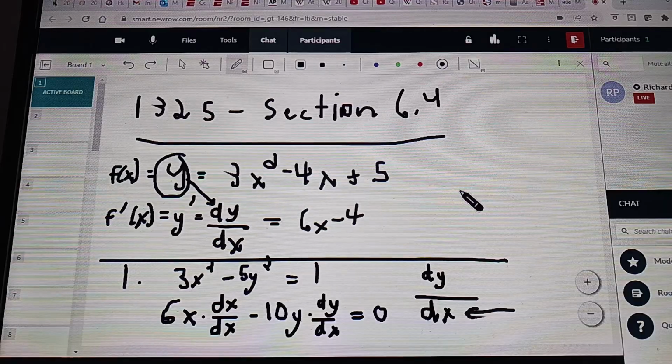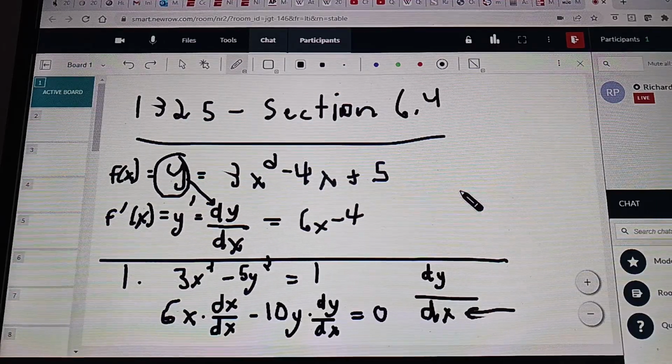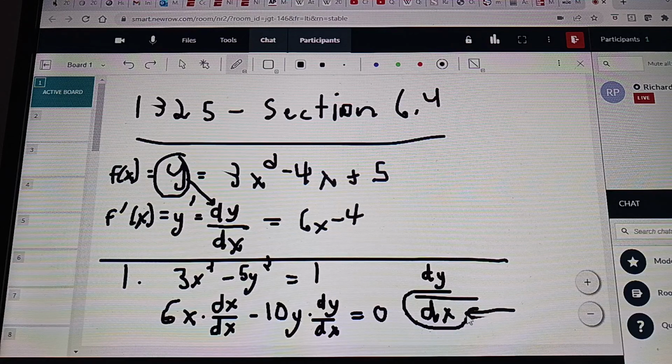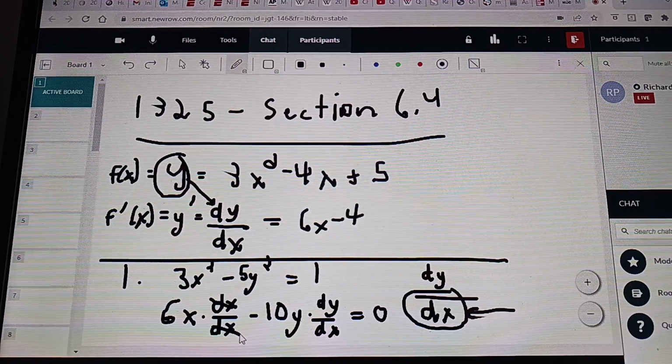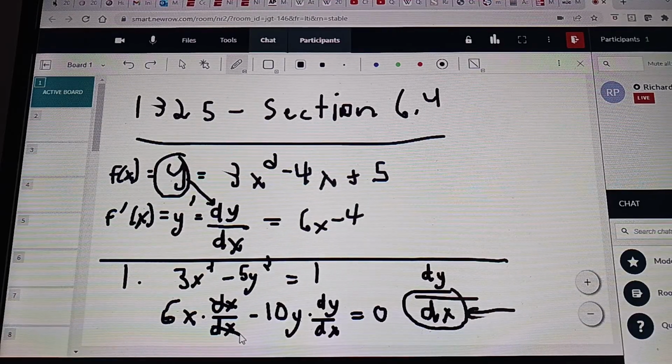So now, every time there's variables, you need to do the dx over dx or the dy over dx for each of the variables. Although, whatever the variable of interest is, dx, that one you can kind of ignore because it's going to cancel out. So if you're doing equations that are in x and y, then you can just keep doing the x's normally, but when you get to the y parts, you do the appropriate derivative rule, and then you always have to attach a dy over dx to them.